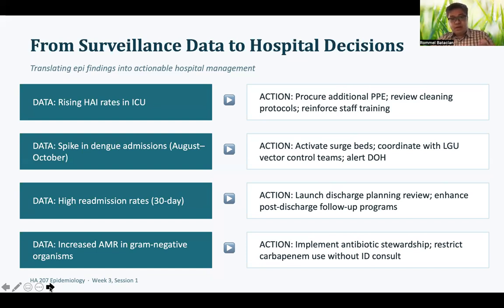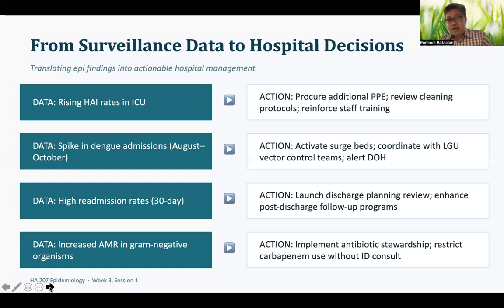Second, especially now that we're in the rainy season, we are expecting spikes in dengue admissions. This is predictable in our calendar. Although I mentioned previously that there are also dengue cases now even during the summer, the spike in dengue admissions still happens during the rainy months. So if you're an epidemiologically informed hospital, you do not react in surprise, because we have expected a certain trend of increase in the incidence of dengue infections.